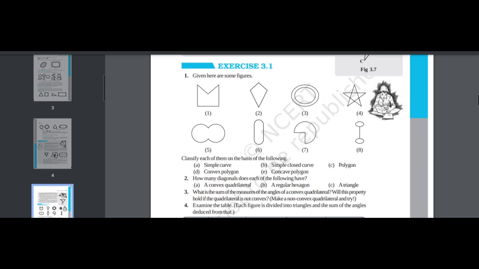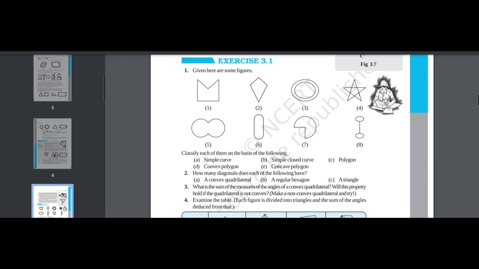You don't have to write the full name, you can just put A, B or C. For example, this is a simple closed curve, then you have to put B, C and D. You just put the letters.